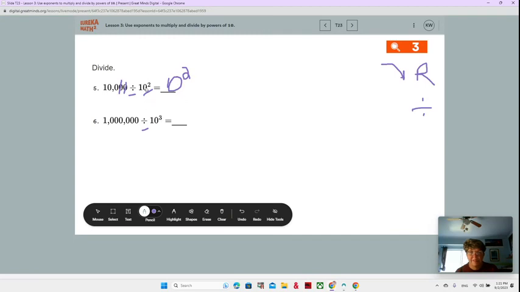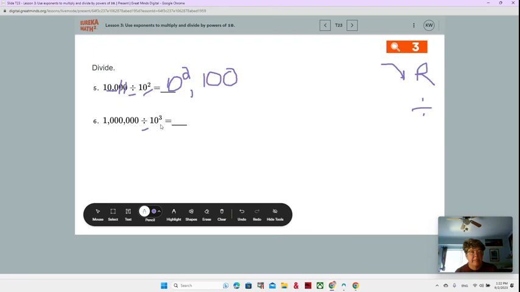Do you see that? I'm dividing by 10 to the second power, so that's 2 zeros I can take away. And now I have 2 zeros left. And 10 to the second power is the same as 100. Those are both answers because I have 10 times 10 and 2 zeros.